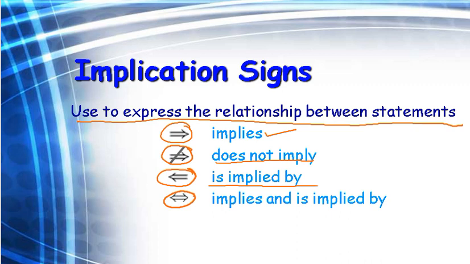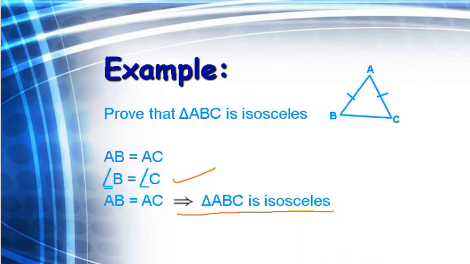Suppose you have an example. You are going to prove that triangle ABC is isosceles. So what can we do here? For showing that triangle ABC is isosceles, we must show that two sides of the triangle are equal.